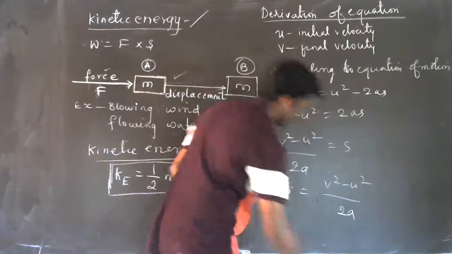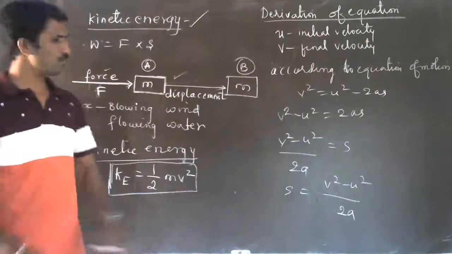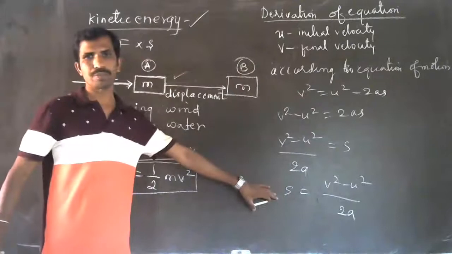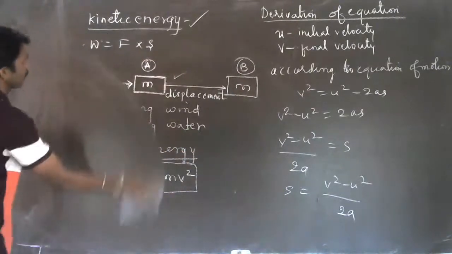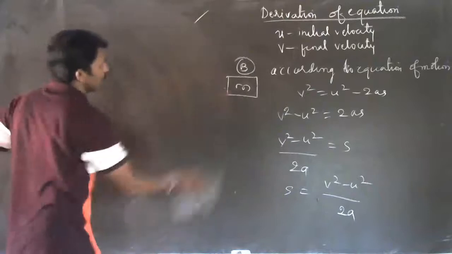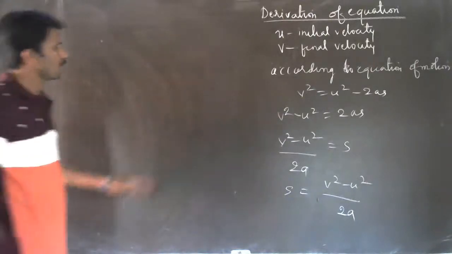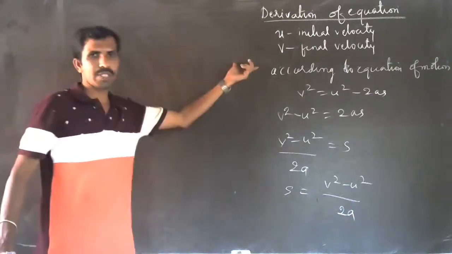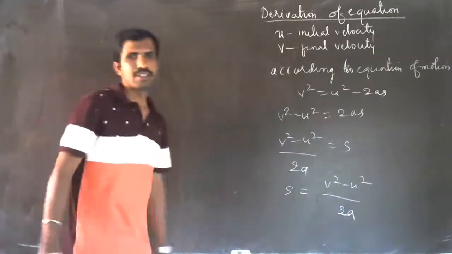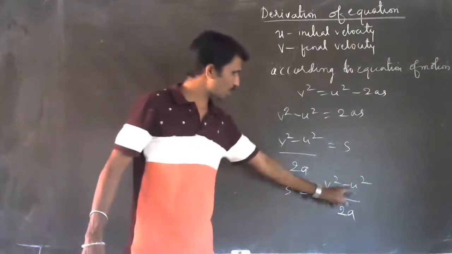This is one of the equations of motion. When the object is displaced, it will have a certain displacement, and that displacement is nothing but s. S is equal to v square minus u square divided by 2a.